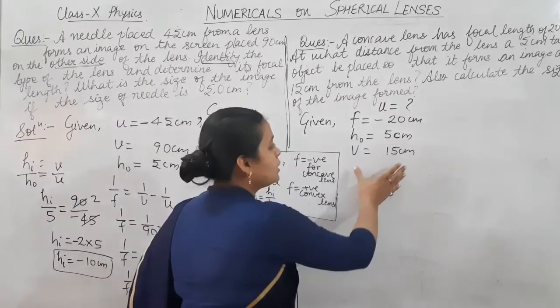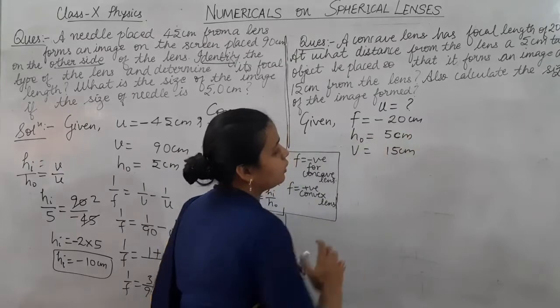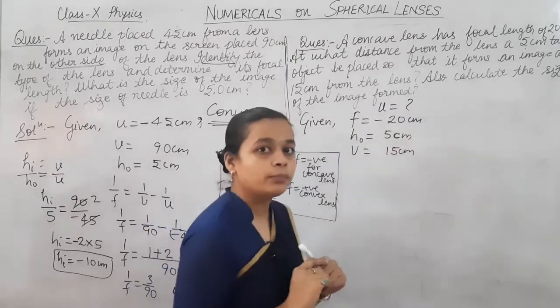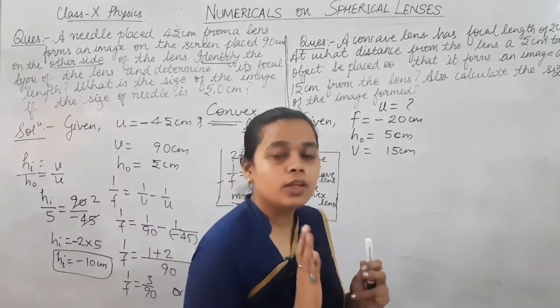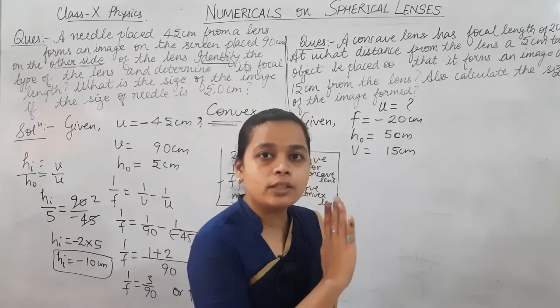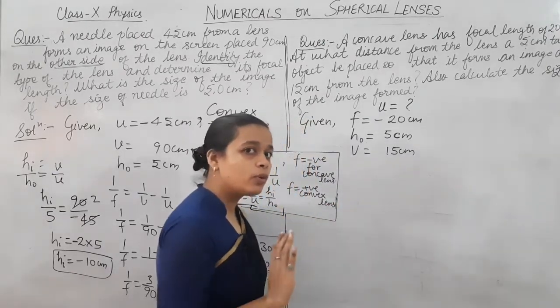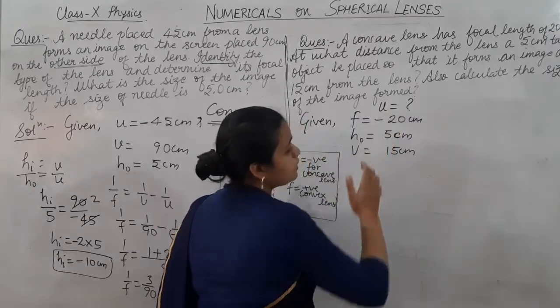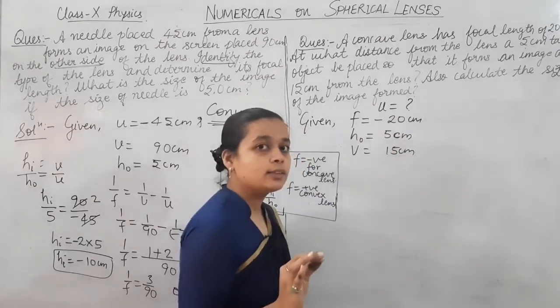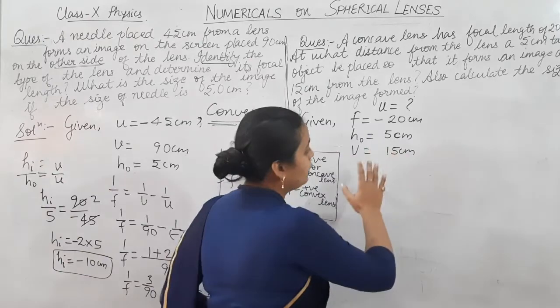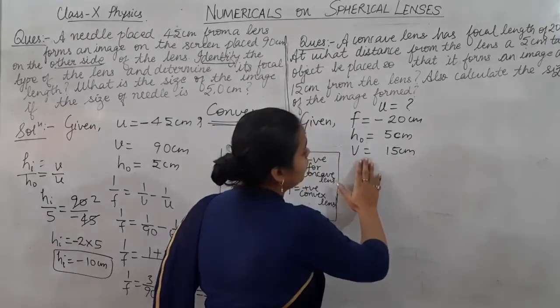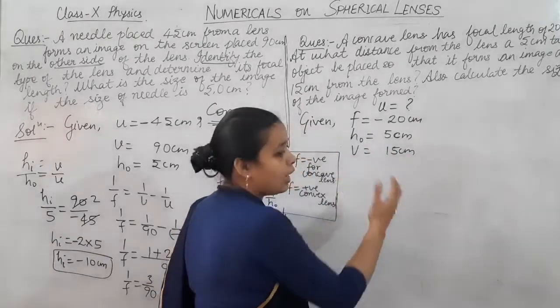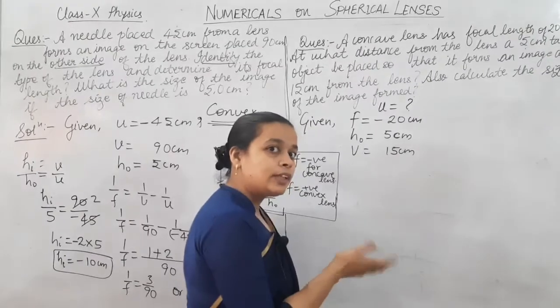If image distance and focal length are given, just use this concept: in a convex lens, if the object is placed at infinity, the image is going to form at focus. But if the object is placed at some finite distance, we have to find out that finite distance. The image is going to be formed virtual. Its nature will be virtual.